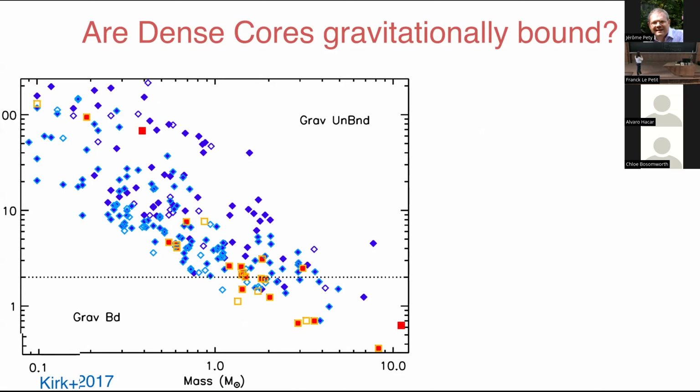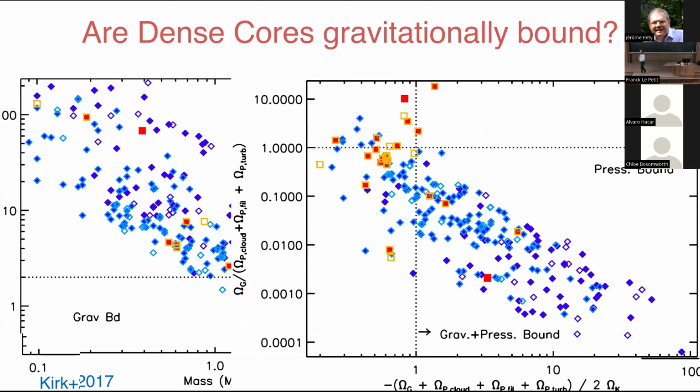So in this case, the main effect could be that we don't have the right mass, because we're not considering the protostellar mass plus disk, the whole system. Maybe we're misaccounting that. Or actually, it's something else. Maybe if we just consider the external pressure from the cloud, that can keep them bound.